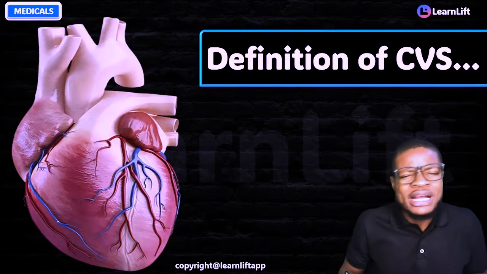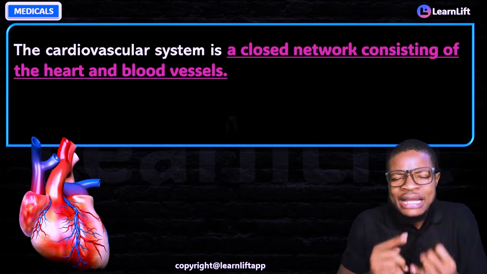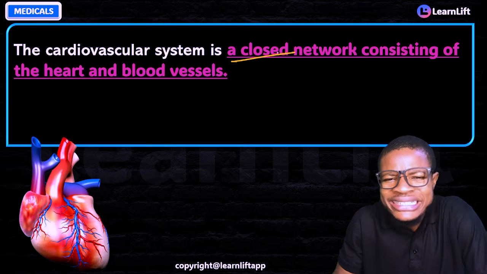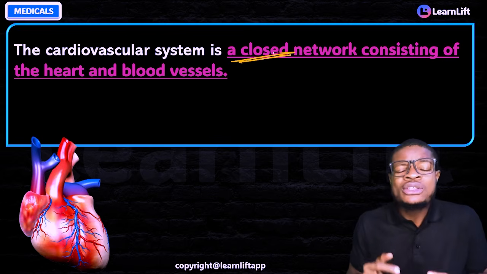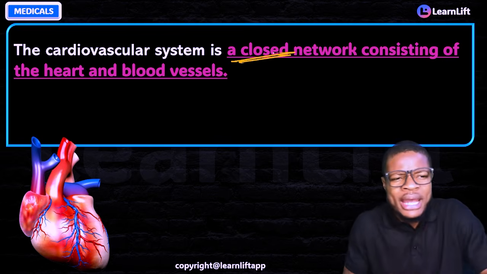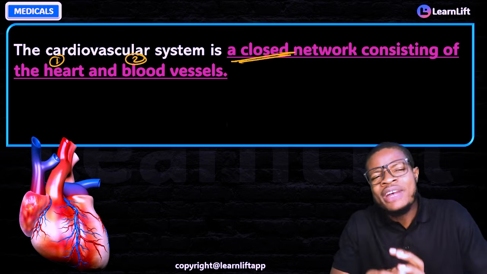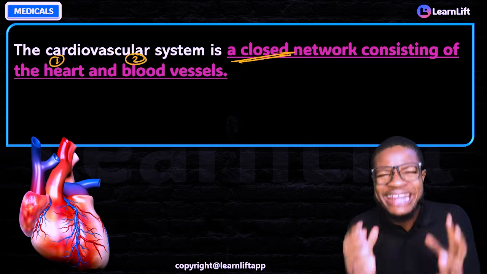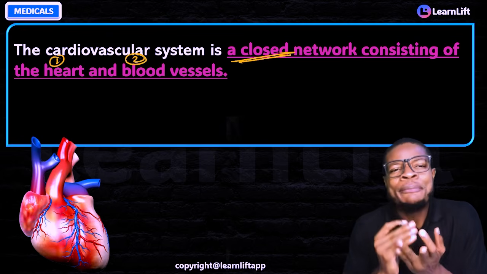In the definition of cardiovascular system, there are 2 things you should know. Number 1, the cardiovascular system is a closed network. So is it open or is it closed? Closed network. And then it consists of 2 things as well: the heart and the blood vessels. What does the heart do? The heart pumps blood into the blood vessels. The blood vessels will in turn carry the blood and circulate it through the entire body. So you can see that it's more like a collaboration. The cardiovascular system is a closed network consisting of the heart and the blood vessels.